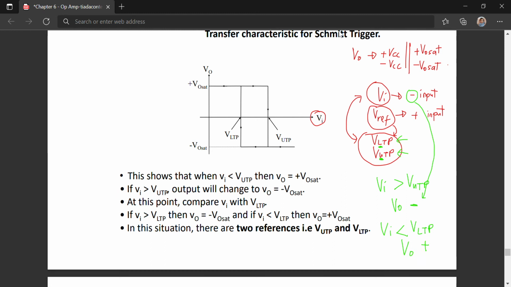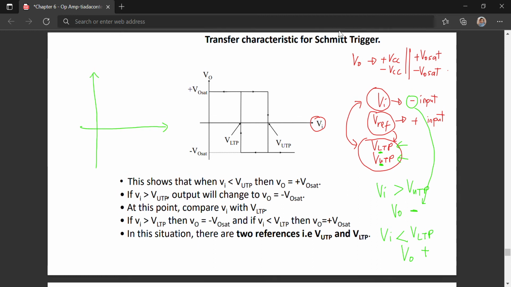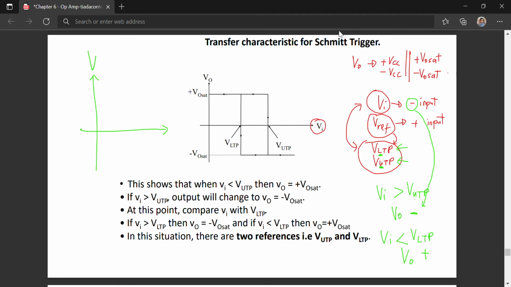Okay, so here let's reinterpret the output signal. You have a graph, VOUT across VIN. Here you have either positive or negative, VCC or VEE.